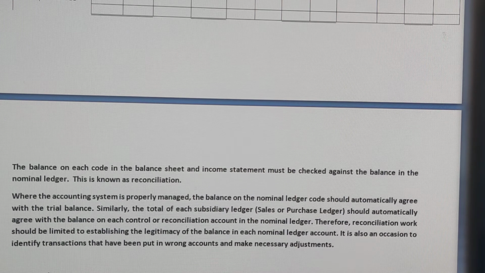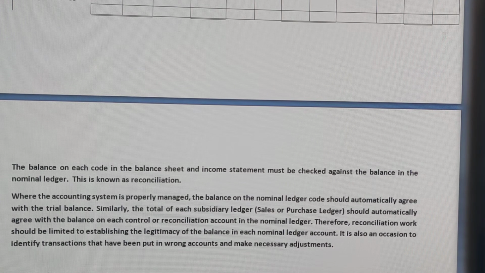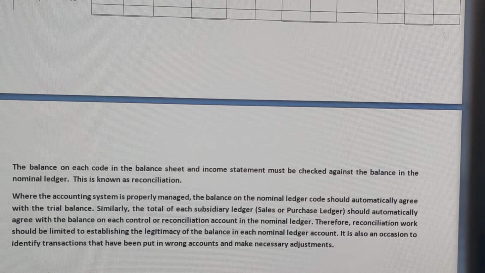There should not be too much reconciliation work to do, really, in our environment where the accounting system is properly managed, where mispostings are kept to the barest minimum, and where the rules of double entry bookkeeping are obeyed, and people don't just push transactions through anyhow. But what you find in an environment where the staff turnover is very high, the control system is close to collapse.